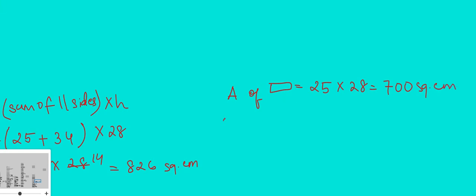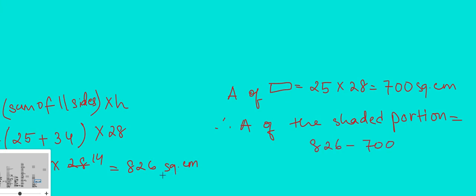Therefore the area of the shaded portion will be 826 minus 700, which is equal to 126 square centimeters. So this right here is our answer for sum number 40.